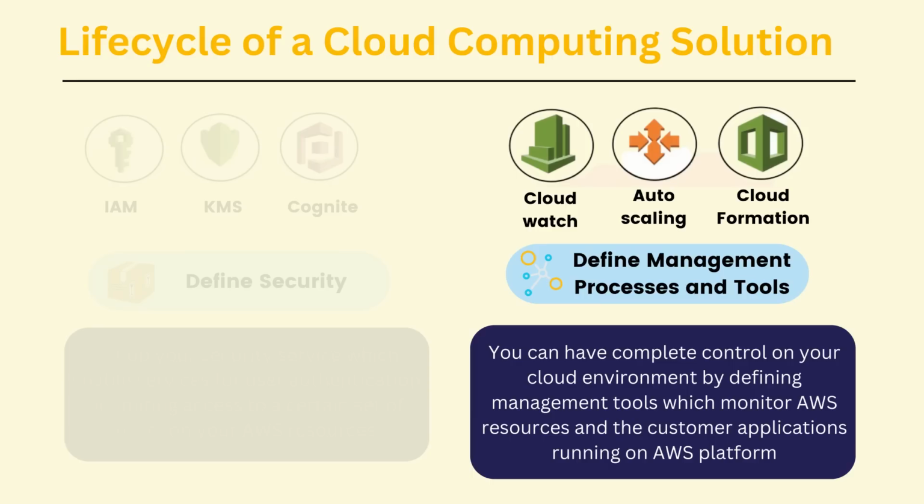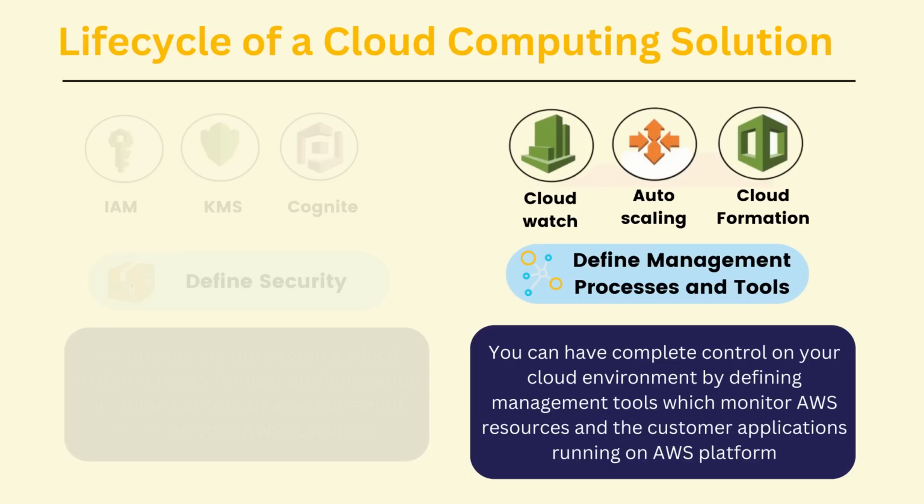Define the management process and tools. You can have complete control of your cloud environment if you define the management tools which monitor your AWS resources and the custom applications running on the AWS platform. There are a variety of deployment, automation, and monitoring tools you can pick from, like CloudWatch for monitoring, auto-scaling for automation, and CloudFormation for deployment.